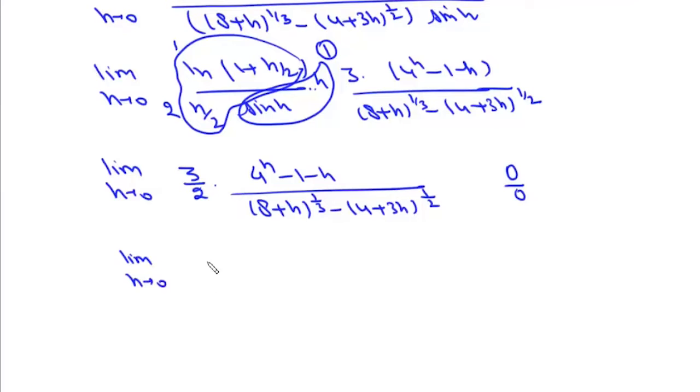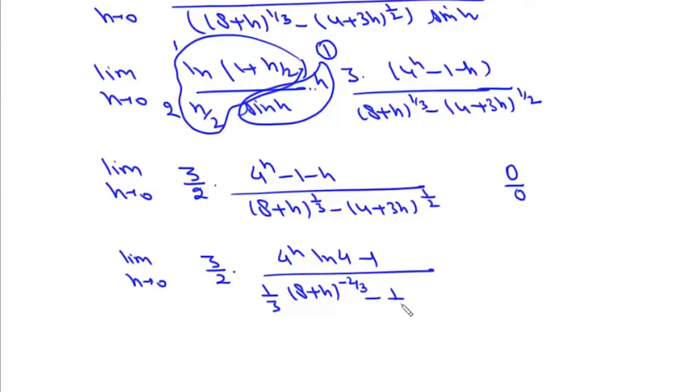So it will be this limit h tends to 0, 3 by 2. Now this is 4^h log 4 minus 1 upon, this is 1 by 3 (8+h)^(−2/3) minus 1 by 2 (4+3h)^(−1/2) into 3.